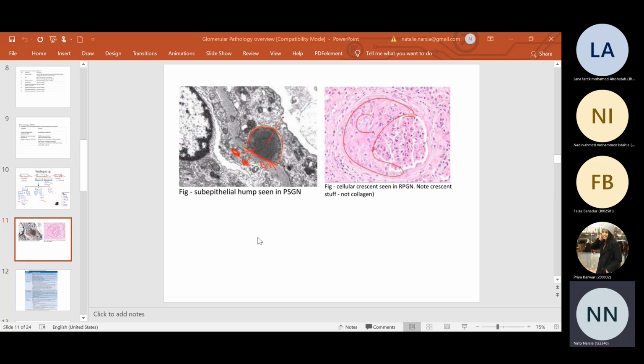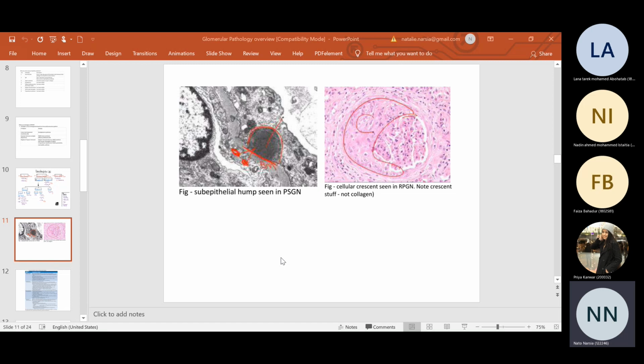These immune complexes usually deposit under the epithelium, that means the podocyte, right? Epithelium is a podocyte. And what happens, why do you have this hump? When it starts deposition in the beginning, for example, okay, what happens here?